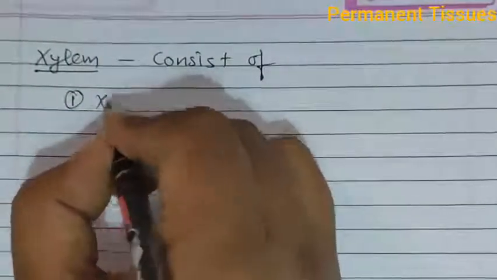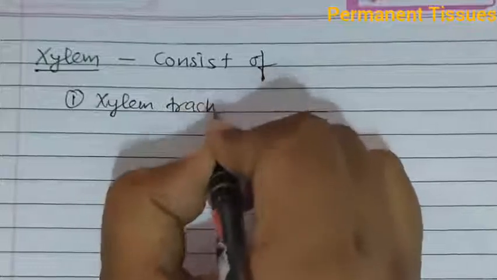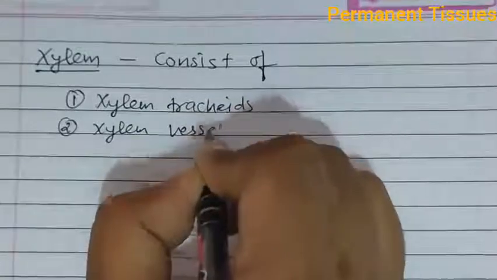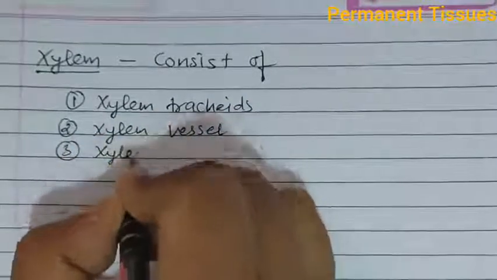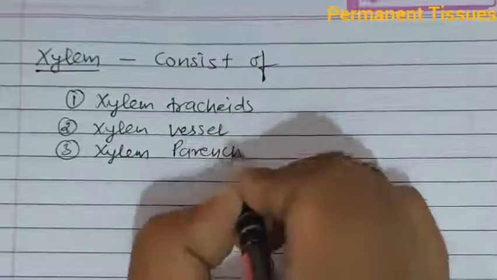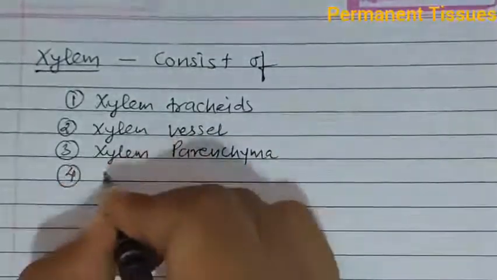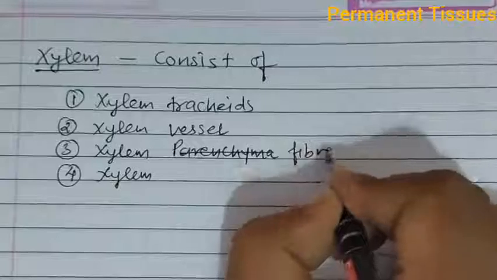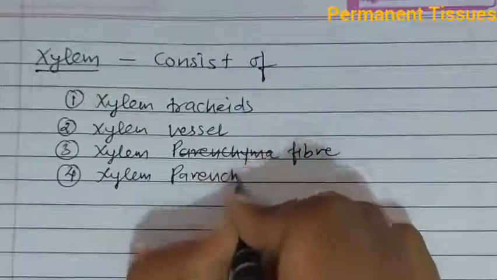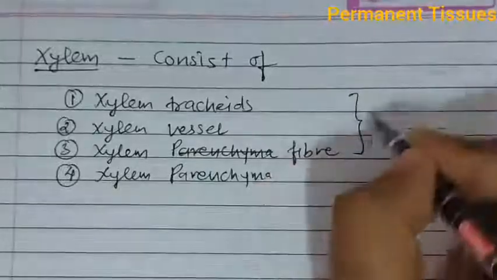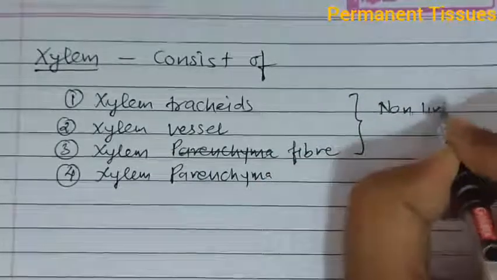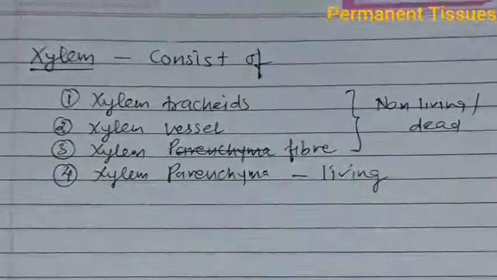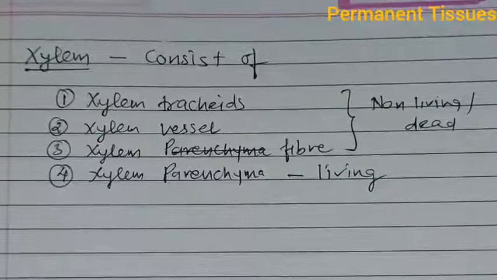First is xylem tracheids, second is xylem vessel, third is xylem fiber, and fourth is xylem parenchyma. Now these 3 are non-living or dead, but this is the living component or living cell. Now we are going to discuss them all one by one.